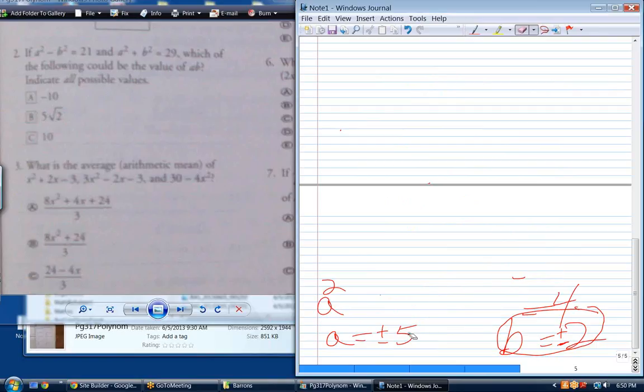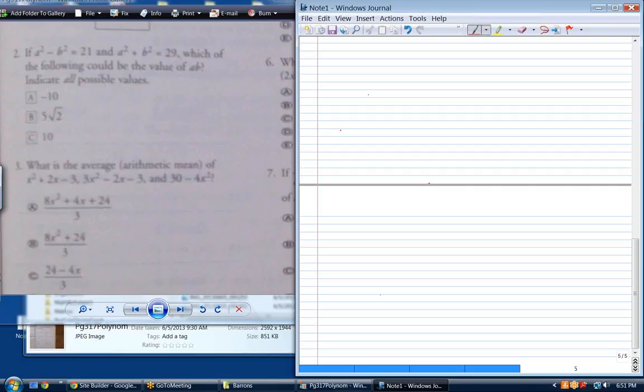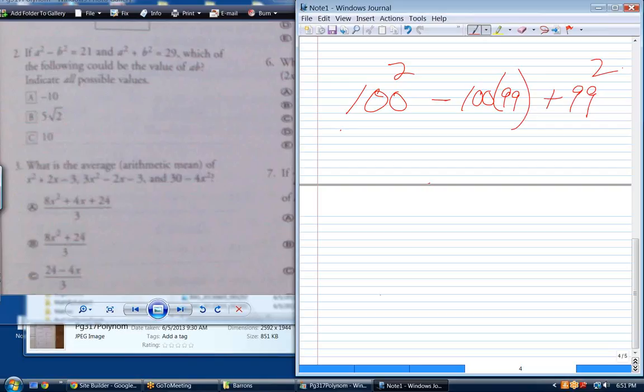Have I given you the famous question that is perfect for the GMAT? This actually is from a GMAT test. I think I gave it to you. What is this? What's that equal to? 1.